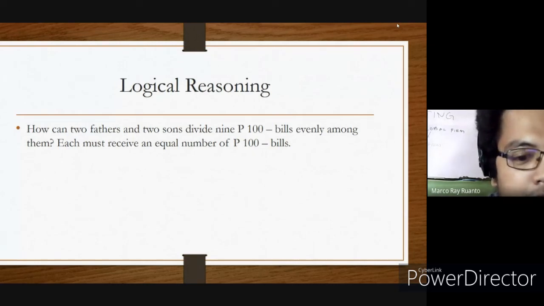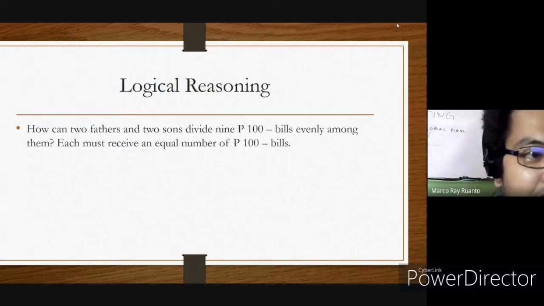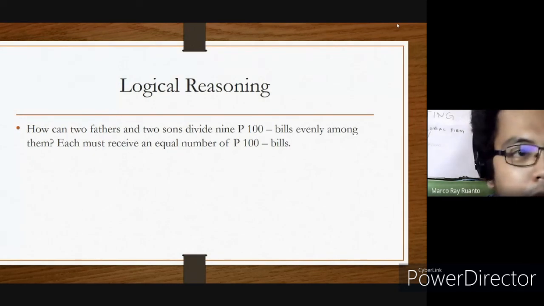Let us say there is a grandfather, then a father, then a son. In that way, how many fathers do we have? We have two: the father and the grandfather. How many sons do we have there?